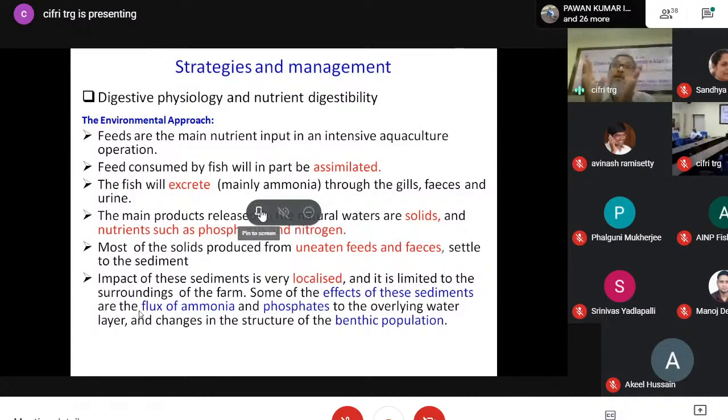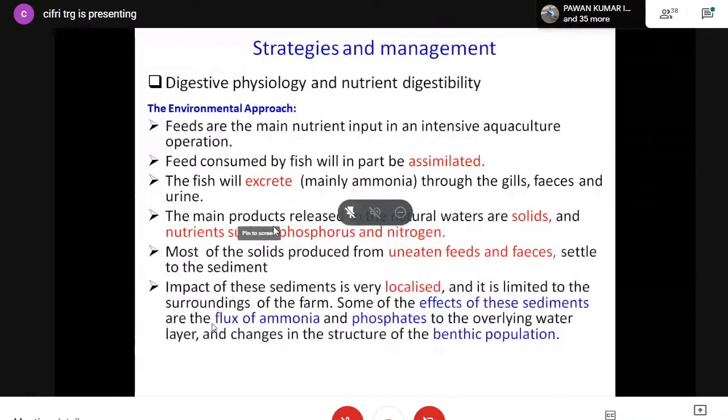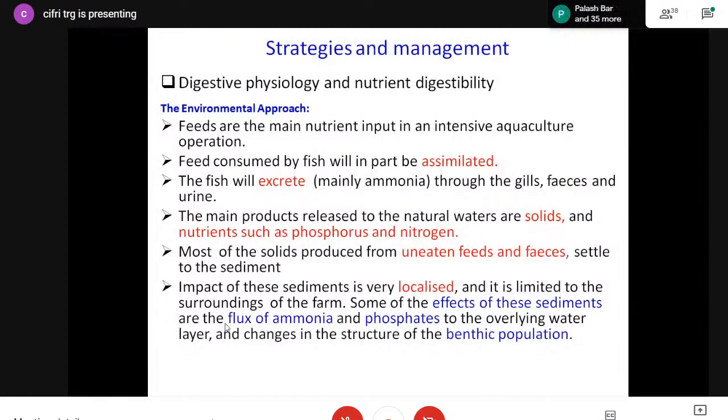The solid waste, that is the fecal matter, gets settled at the bottom sediment, which is generally anaerobic in condition. And if it is anaerobic, then what happens, you have learned in your previous lectures.